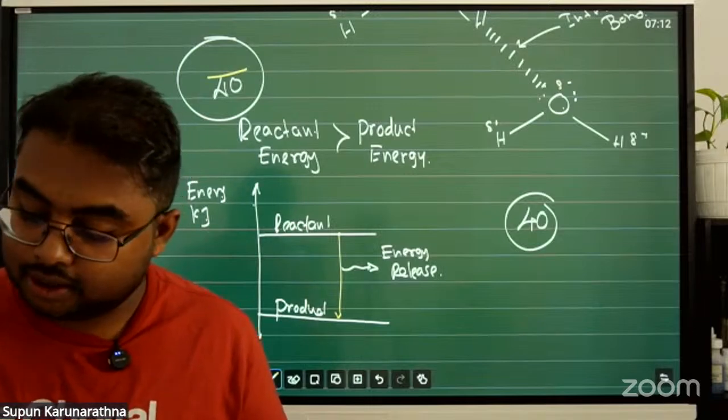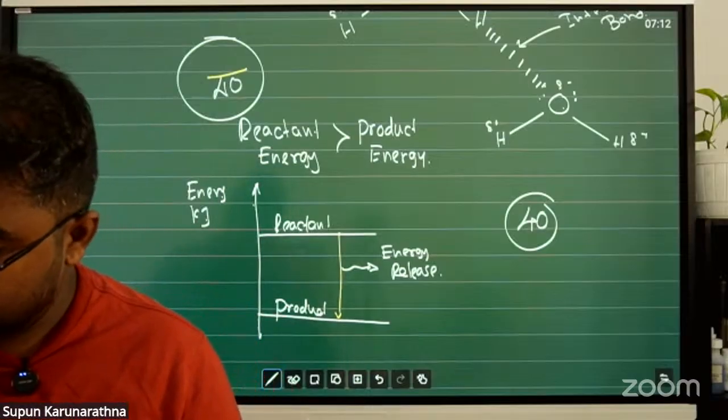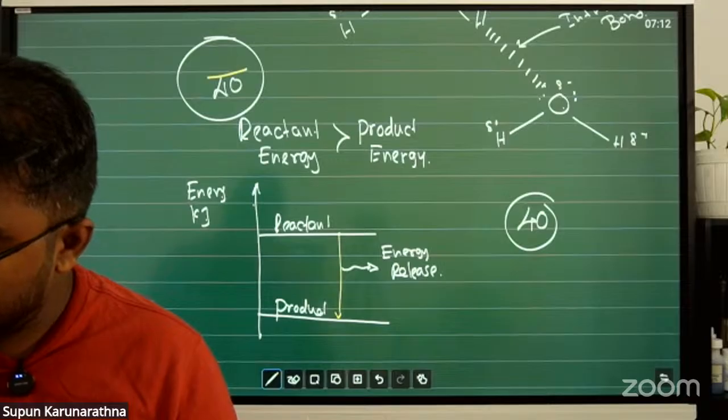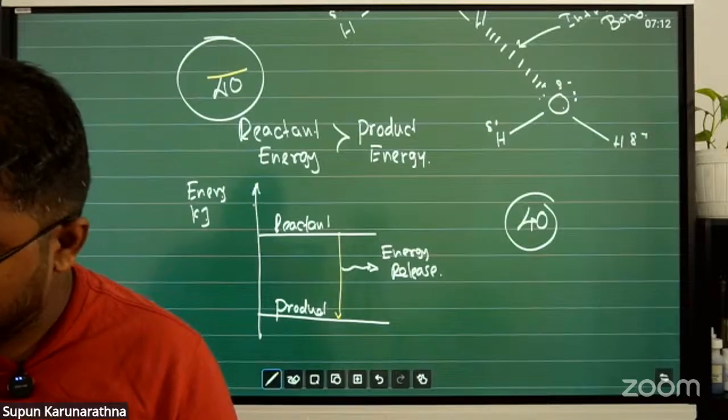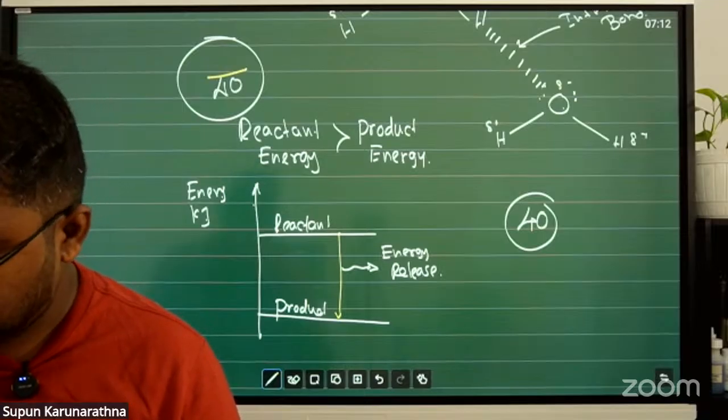In the 29th question, consider the following statements about latent heat. The amount of energy absorbed during the change of state without increasing the temperature, it's correct. And let's discuss latent heat also in today's theory class.